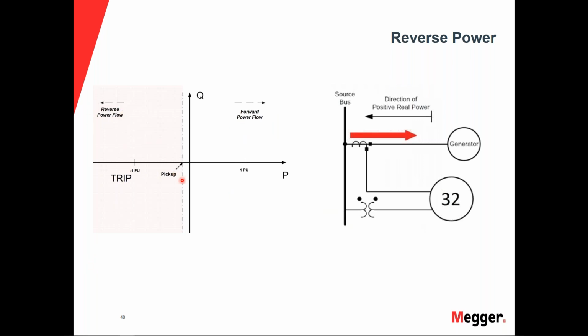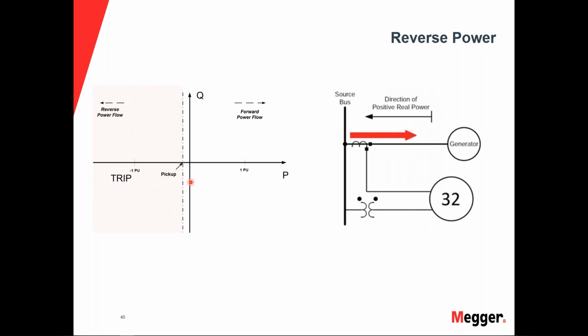So there will be a pickup point that will usually be set in watts, with a combination of current and voltage. There will be a pickup threshold here, and as long as we're not generating past this threshold, we will not trip on reverse power. Now this usually happens pretty quickly because it's a race between the loss of excitation and the reverse power relay.